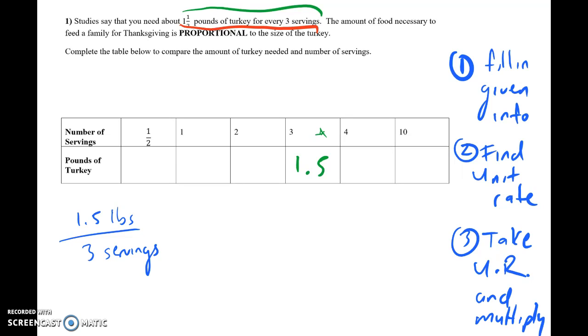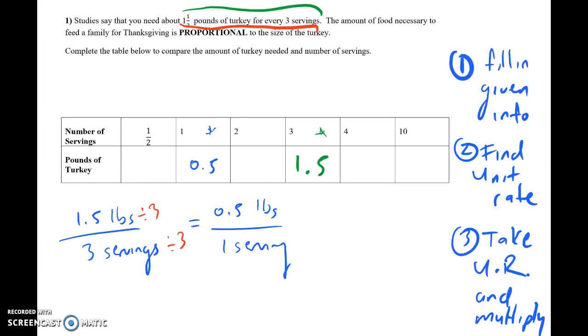Now, in order to find the unit rate, we have to divide top and bottom by 3. And on top, we're going to get 0.5 pounds and 1 serving. Okay? So let's now fill that in. So for 1 serving, we have 0.5 pounds.